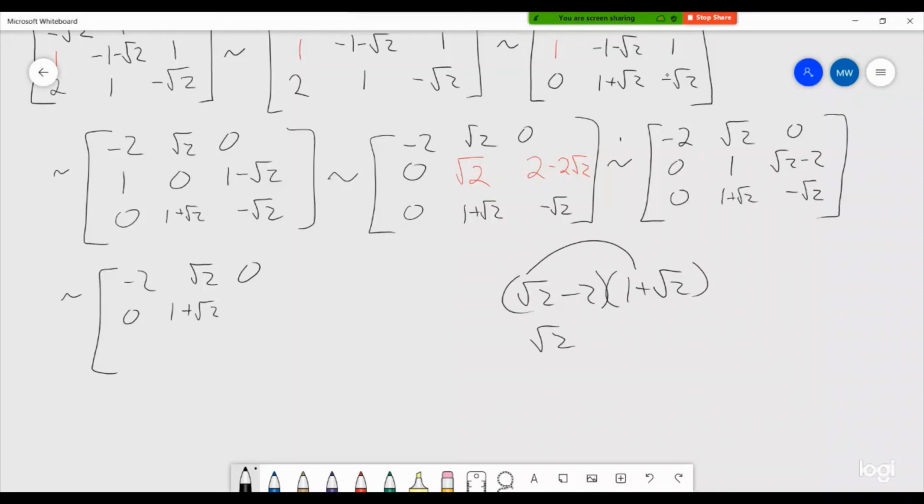We got root 2 minus 2 plus 2 and minus 2 root 2. So minus 2 plus 2 cancels, and so all of that is left with negative square root of 2. Perfect.